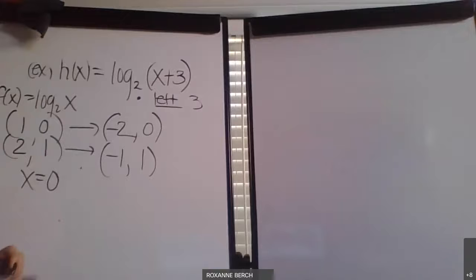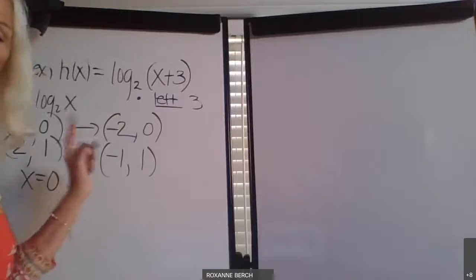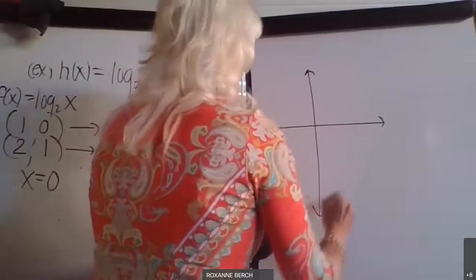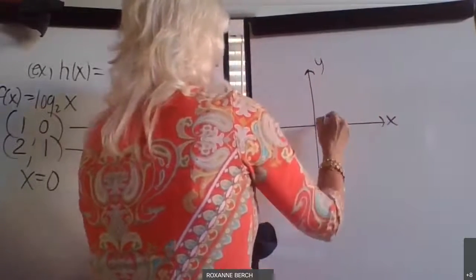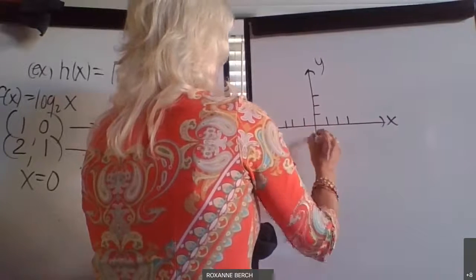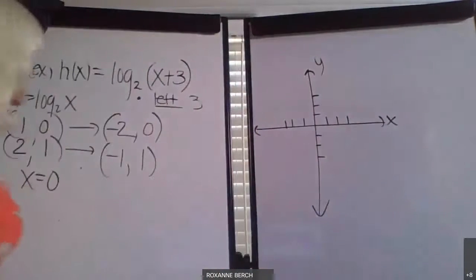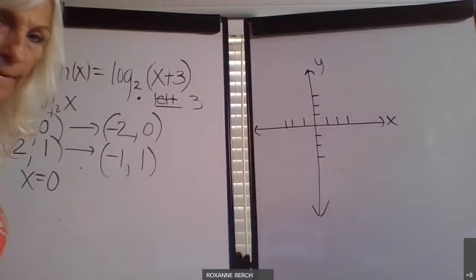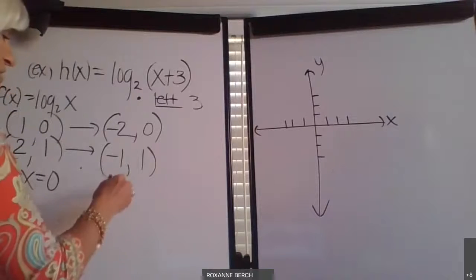What happens to the vertical asymptote? It's not at x equals 0 anymore. Where is it? Who moves the vertical asymptote? H, right. So where's the vertical asymptote now?